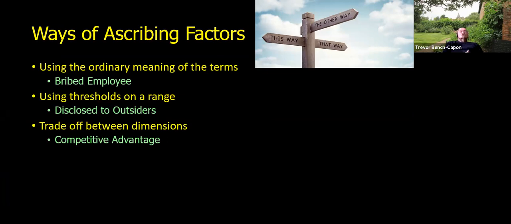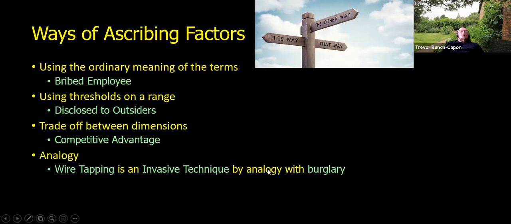Sometimes, as with competitive advantage, we have a trade-off between two dimensions to describe the factor. And then sometimes we have analogy, so that in Plato, wiretapping is an invasive technique by virtue of its analogy with burglary. So we'll now look at some argument themes for each of these four ways of describing factors.